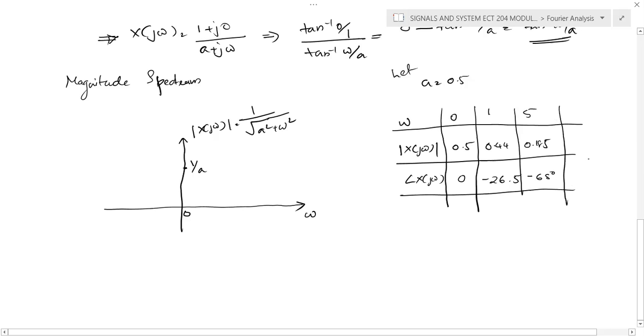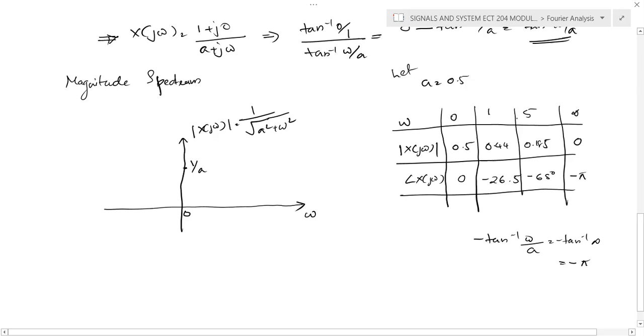And similarly, if you substitute infinity here, you can see that it's 1 by infinity, which is tending to 0. And here you can see the angle is minus tan inverse omega by a. So if omega is equal to infinity, it's minus tan inverse infinity. That is tan inverse infinity is pi, so you'll get minus pi.